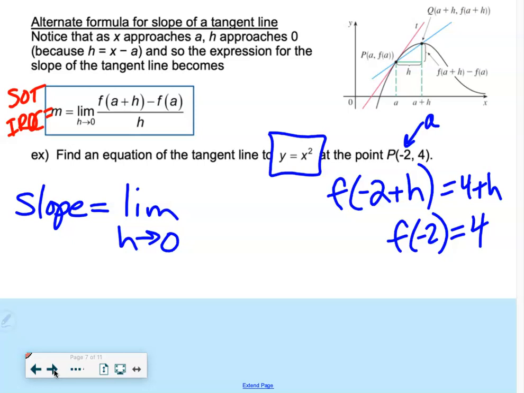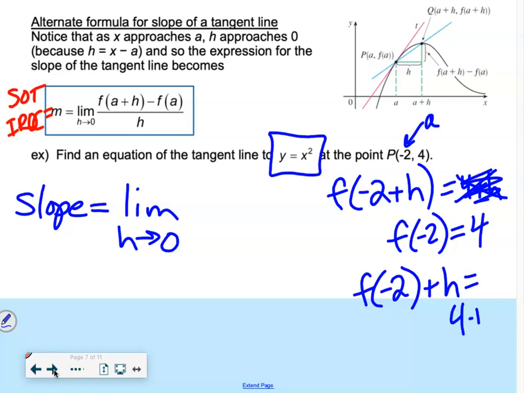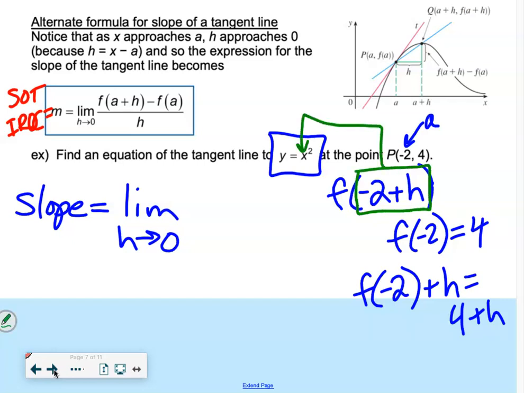No. f of negative 2 plus h would be 4 plus h if you're taking f of negative 2 and then adding h to it. We don't want that. We want to actually substitute the whole quantity, negative 2 plus h, in for the x in our function.